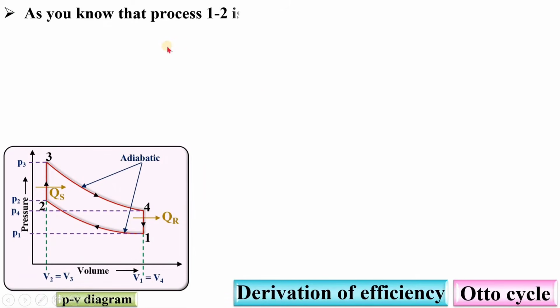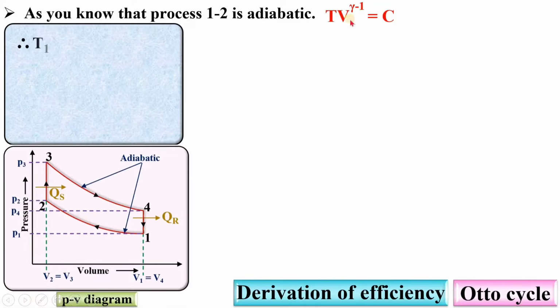Now next, as you know that process 1,2 is the adiabatic process, and you know that the governing equation of the adiabatic process is T V raised to gamma minus 1 is equal to constant. And so I can say T1 V1 raised to gamma minus 1 is equal to T2 V2 raised to gamma minus 1.